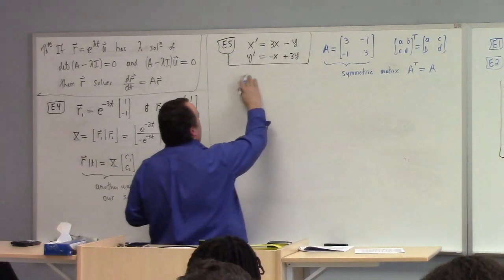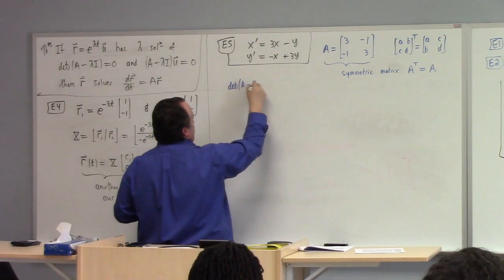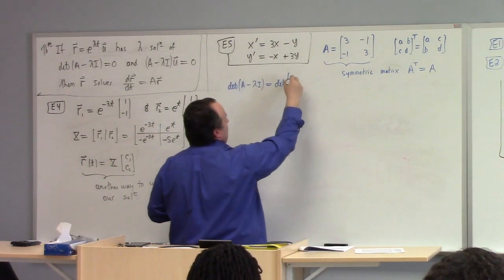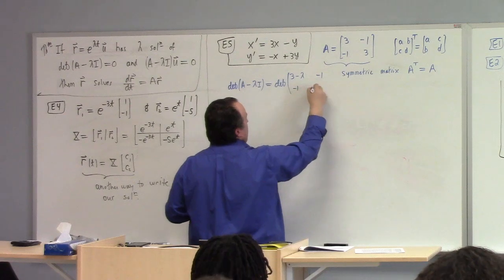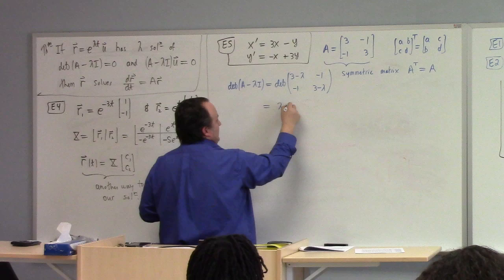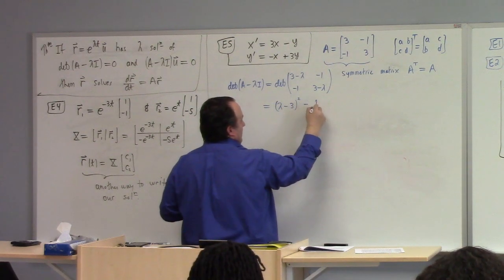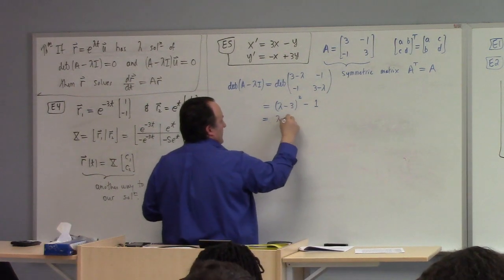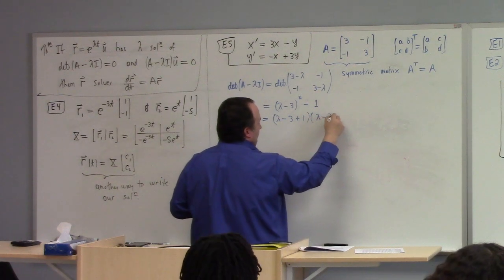So let's calculate the eigenvalues. We need to do what? Look at the determinant of A minus lambda I. So that's the determinant of 3 minus lambda, minus 1, minus 1, 3 minus lambda. This is lambda minus 3 quantity squared, minus 1, which we can factor by the difference of squares formula.